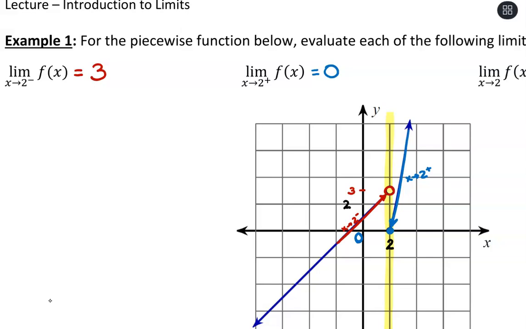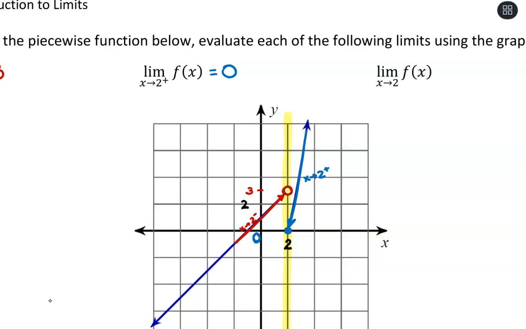If we've evaluated the left-sided and right-sided limits, then when we go to evaluate the two-sided limit, if they match up to the same location, then that is your two-sided limit. If they're different, then that means the two-sided limit, so as x just approaches 2 without any other little symbol on it, that limit does not exist. So if we've evaluated those two and they're different, then it does not exist.